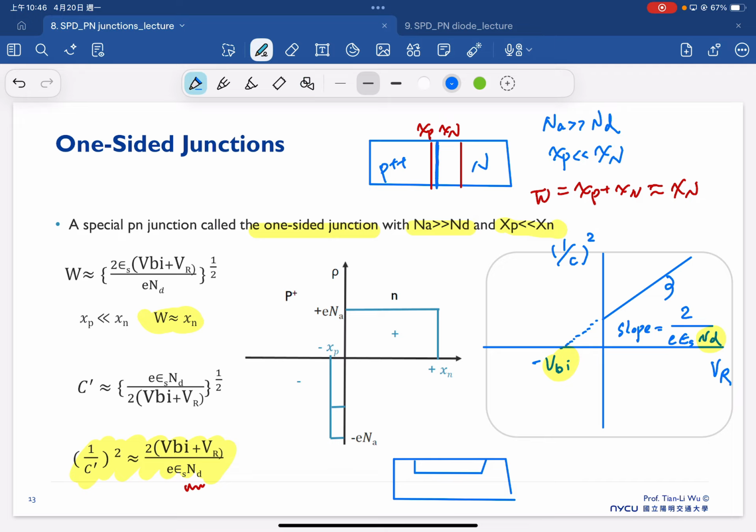normally, of course, in the textbook we will explain the ideal case, but the reality issue is that if you got a piece of the semiconductor wafer, how do you determine the doping concentration precisely and correctly? Of course, you can trust your wafer supplier, the vendor you buy the wafer from.